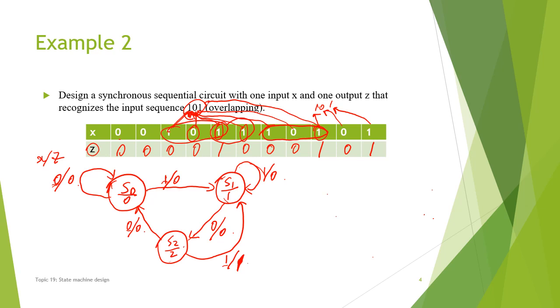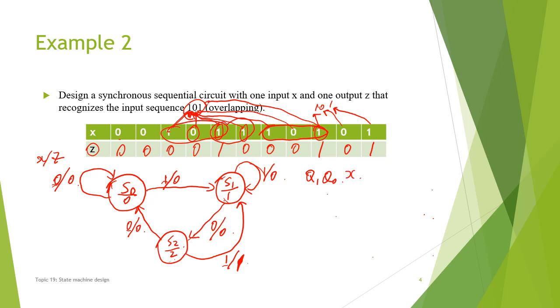Now let's try to figure out our design. So the state transition table. We still have current state, but since we have 3 states here, we need 2 bits now, right? 1 bit is not enough.